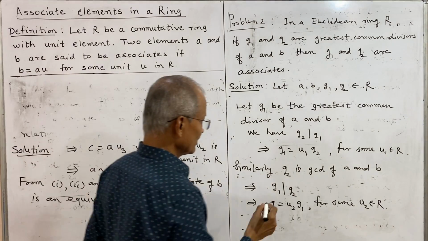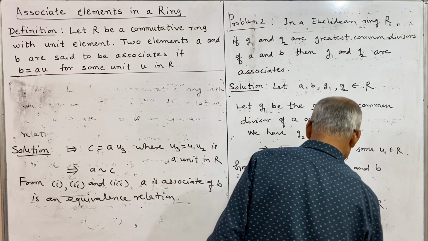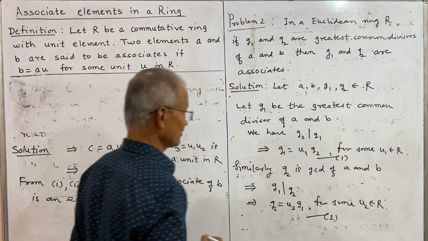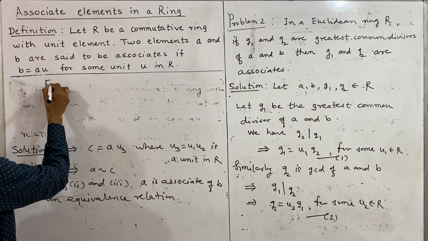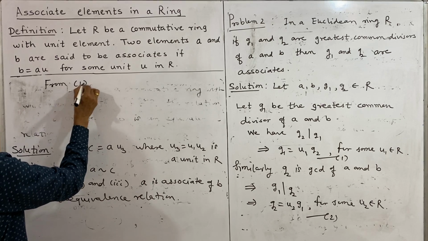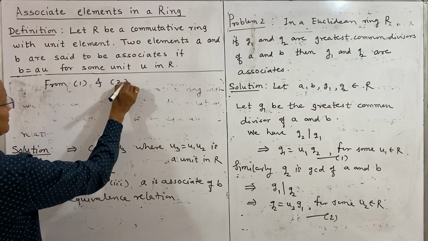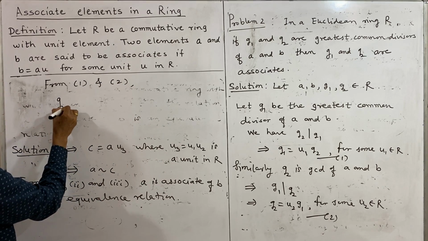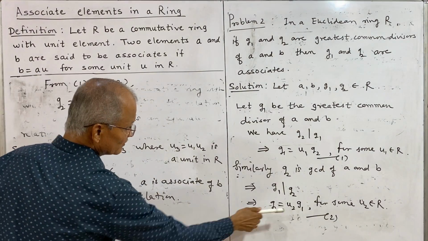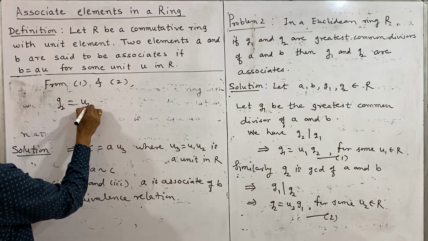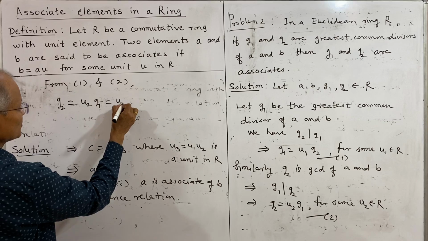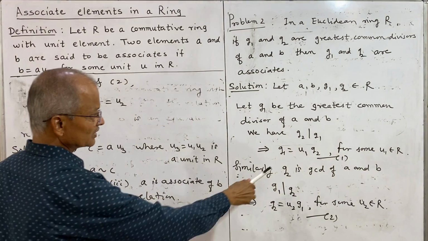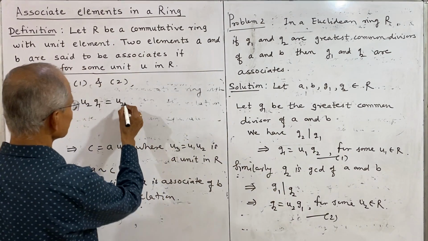From 1 and 2, we can write G2 equals U2 G1 from relation 2, and G1 is U1 G2.